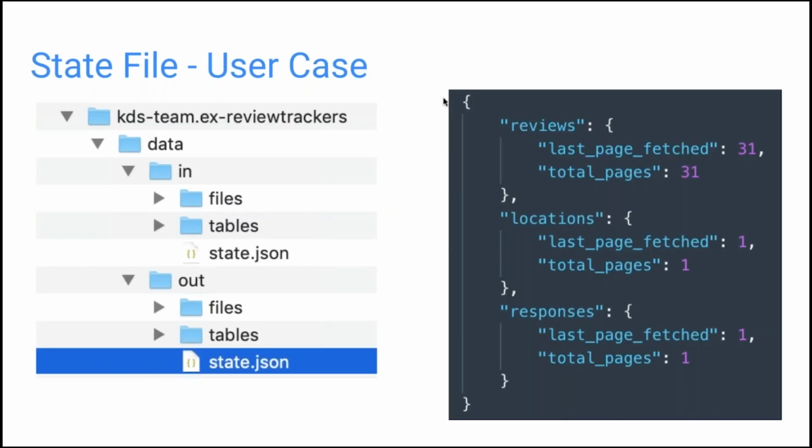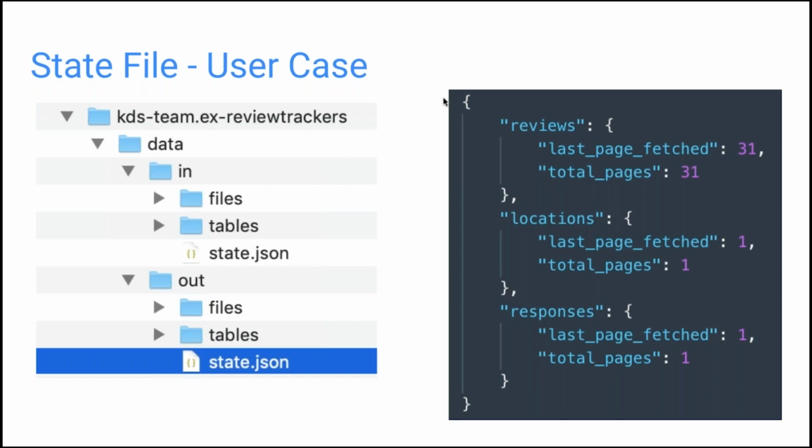What we have over here is one of the extractors we have, called Review Trackers. The purpose of this is to download reviews from a list of sources. Okay, we want to run this extractor on a daily basis, but this API does not support parameters like start date or end date.